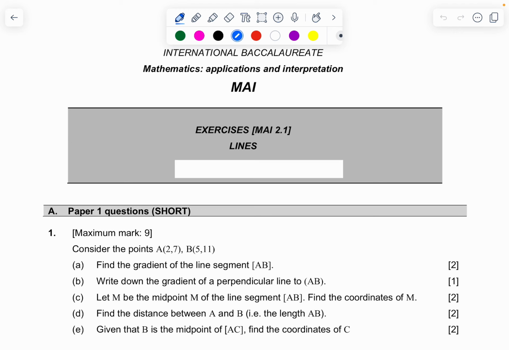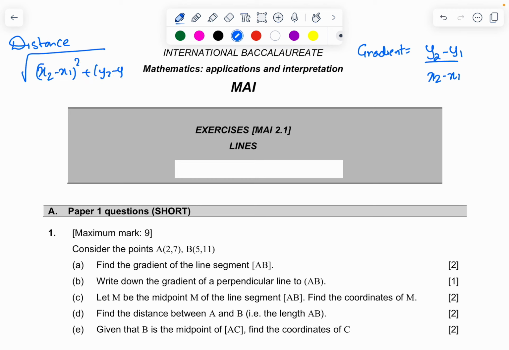Over here, we will be basically using the formulae. What are the formulae that we'll be using? We are going to use the formula for the gradient, which is y2 minus y1 upon x2 minus x1. Then the formula for the distance, which is square root of (x2 minus x1) whole square plus (y2 minus y1) whole square.